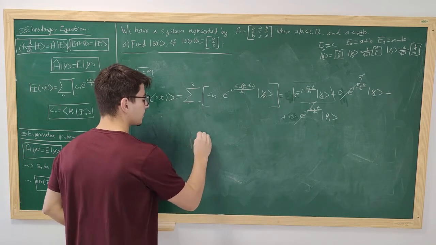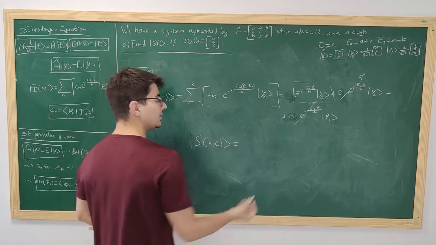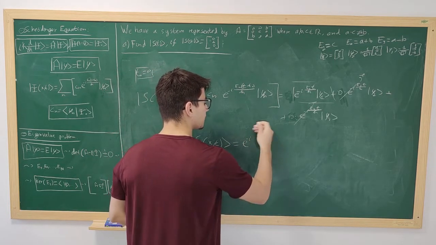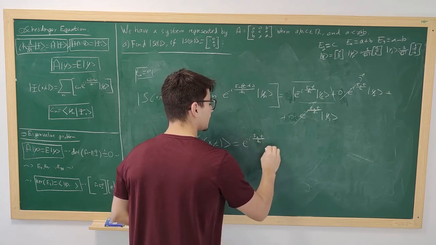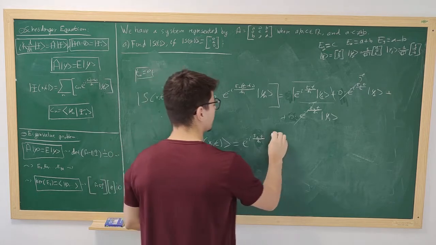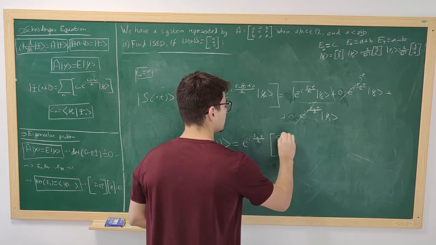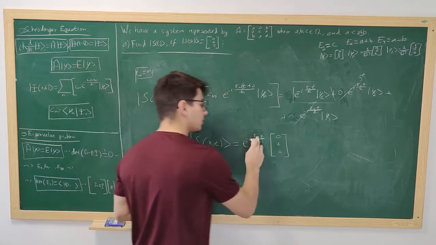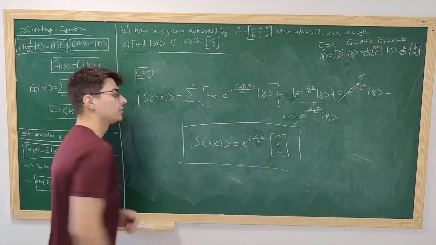So the time evolution of our state is nothing but e to the minus i E1 t over h bar times phi 1, and what is phi 1? Let me just write it as 0, 1, and 0. But what is E1? E1 is just C, so instead of writing E1, we can just write C. And this will be our solution.